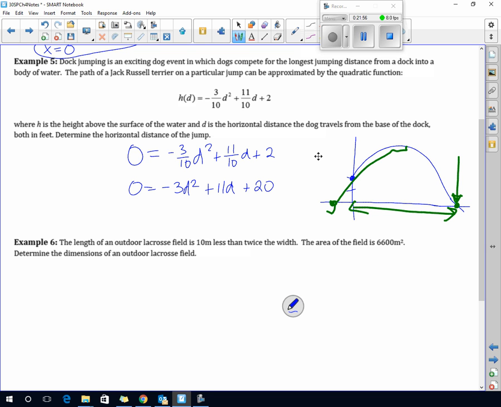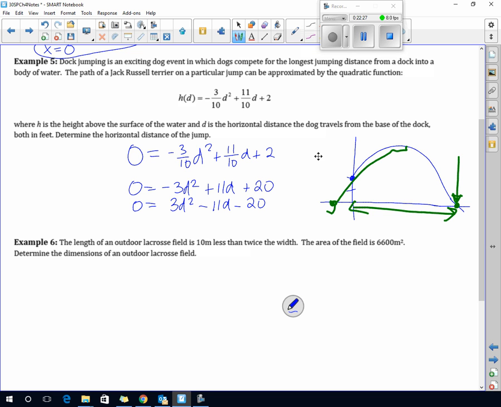Something even easier, which is essentially the same thing: switch every single sign. Does everybody see that? Multiplying by negative 1 switches the sign. So if I switch the sign of 0, it's still 0. What do you get here? 3d squared minus 11d minus 20. Does everybody see? Yes? You might want to look at this question again later. So now we're going to factor this.